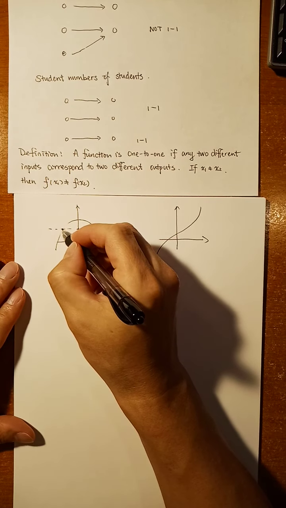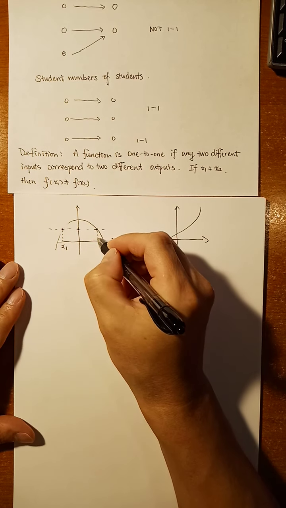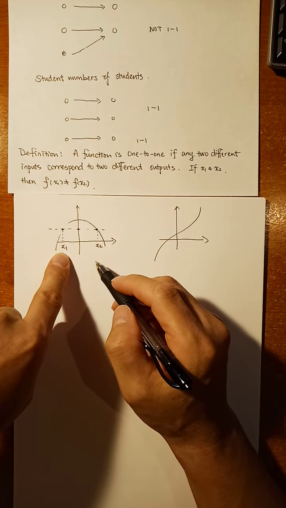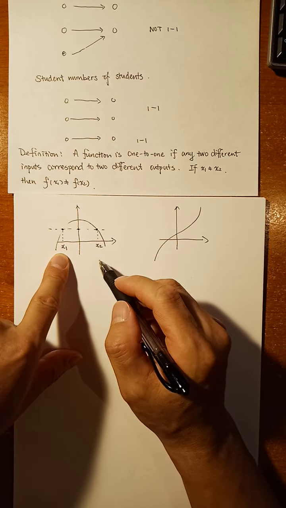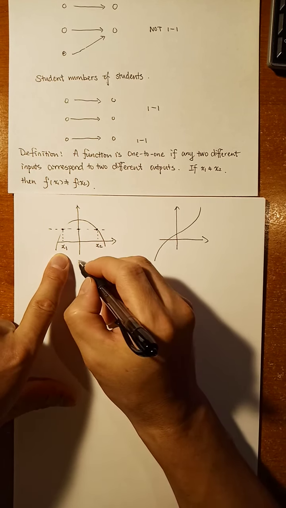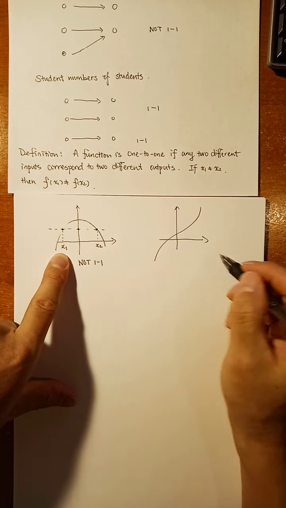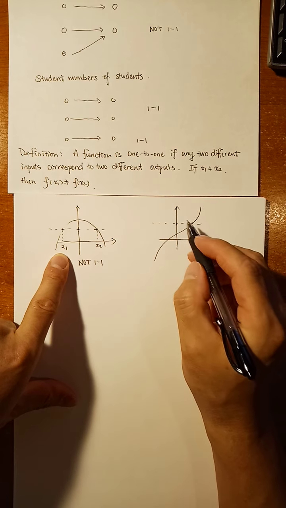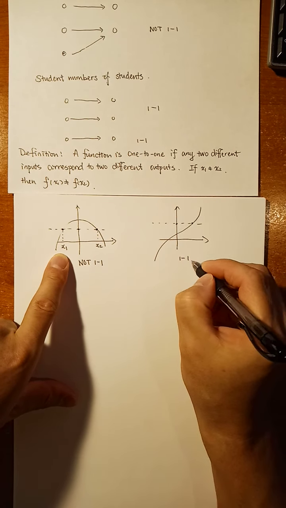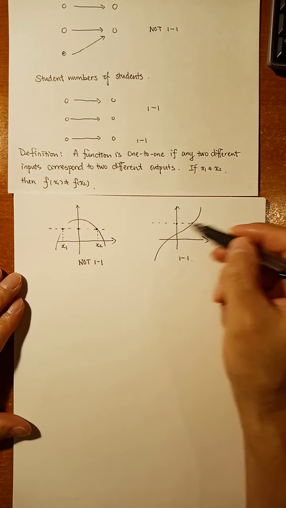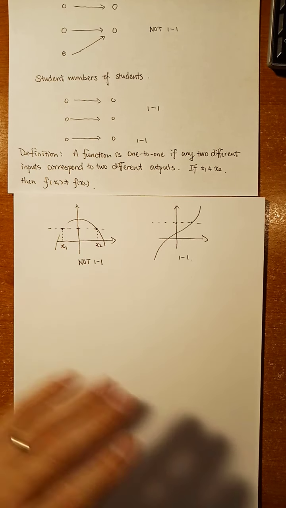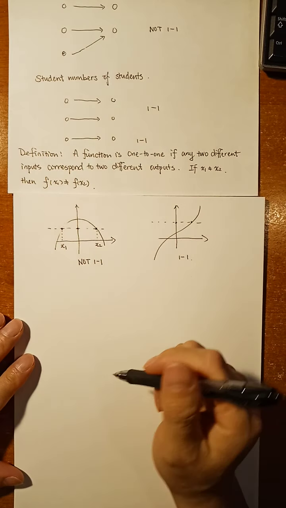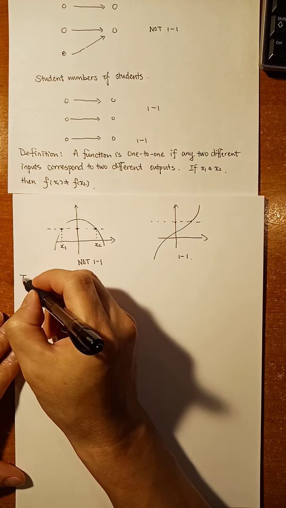For the same y value, you will have two corresponding inputs x1 and x2. Of course, this does not satisfy the definition of a one-to-one function. So this is not one-to-one. In this one, for each y there's only one possible x. So this is one-to-one. Because we always draw a horizontal line to check whether a function is one-to-one or not, we call this the horizontal line test.